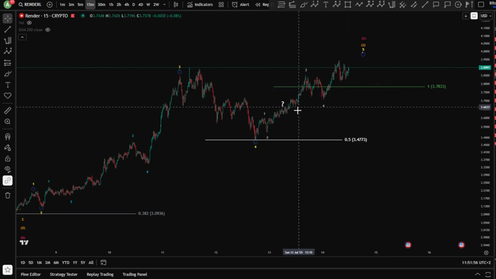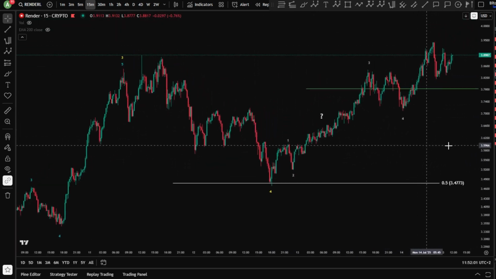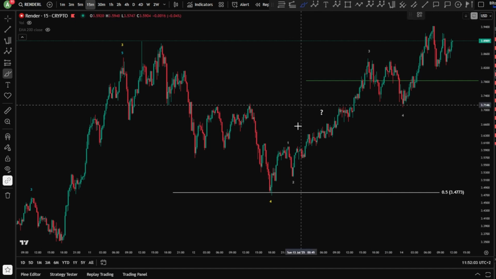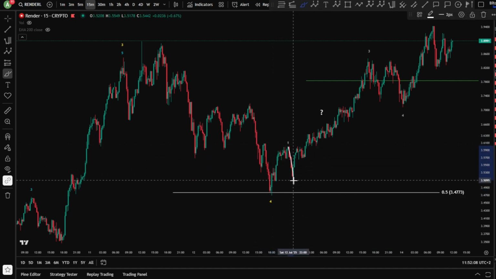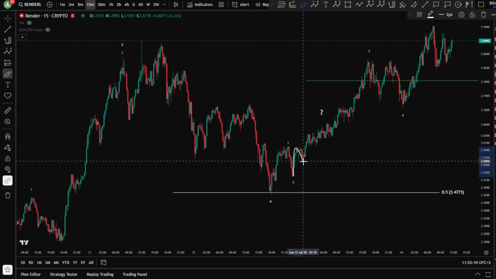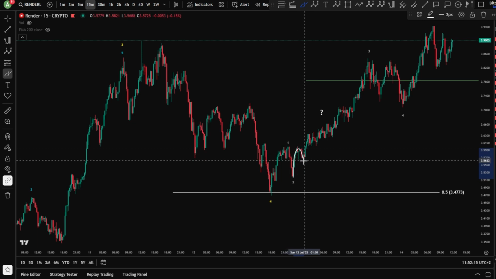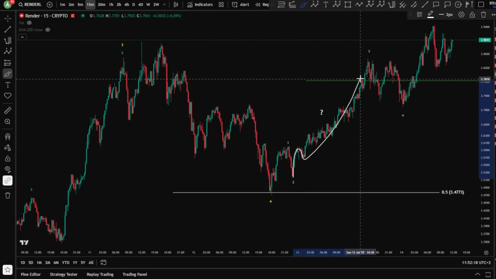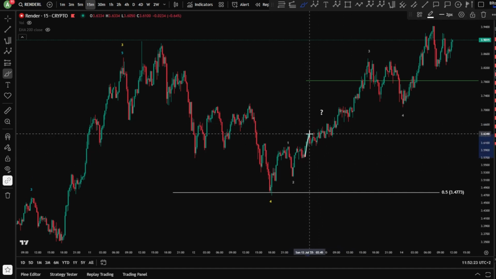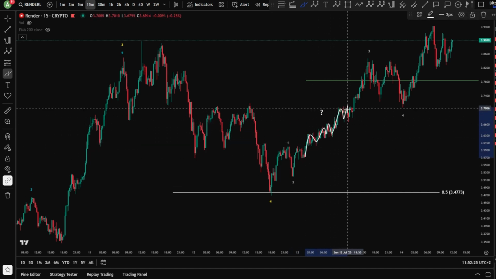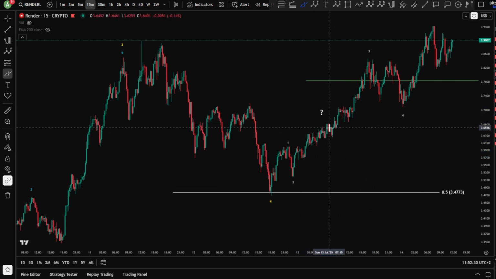Now the question mark comes here next. This is also another trap for Render, where you are looking, okay, here a perfect impulse, wave 1, everything is fine, wave 2, and then you start again, 1, 2, and you're looking for your wave 3. Now your wave 3 is, let's say, 1, 2, and you would like to see a wave 3 toward the upside. There is not any other wave here that is not overlapping with the previous one.